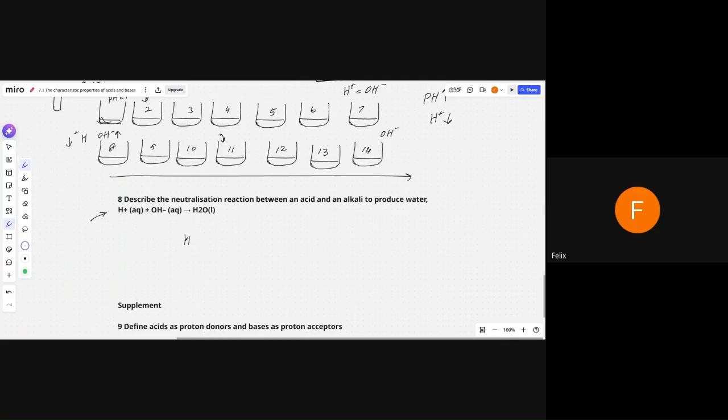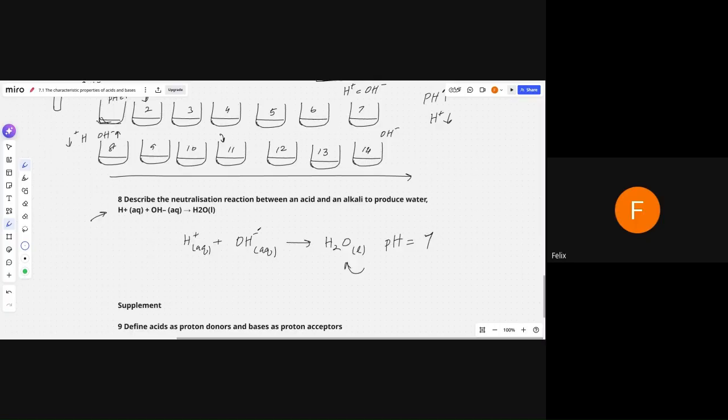So H plus from the acid, since an acid releases H plus in an aqueous solution, and a base releases hydroxide in aqueous solution. When their concentrations are equal, they join together to produce water, a pure liquid, and this will have a pH of 7, right? Pure water has a pH of 7, it is neutral.